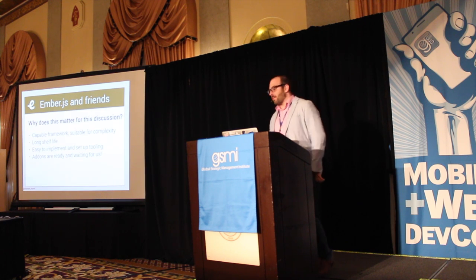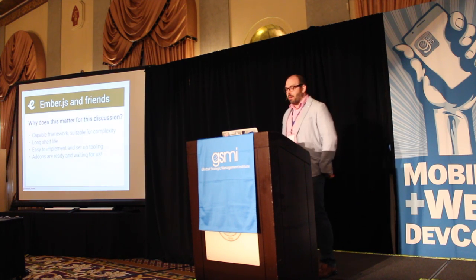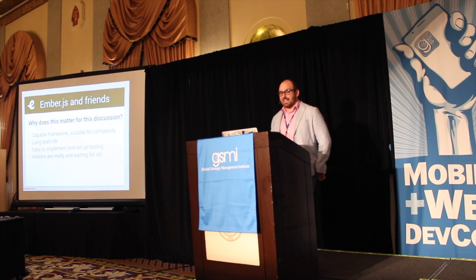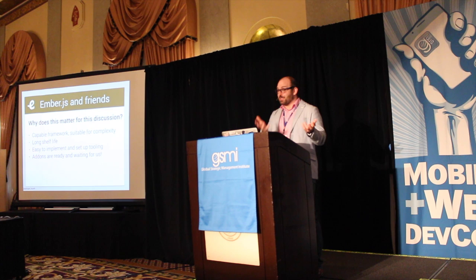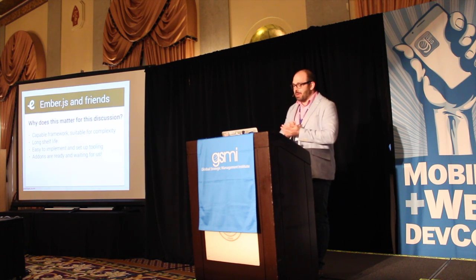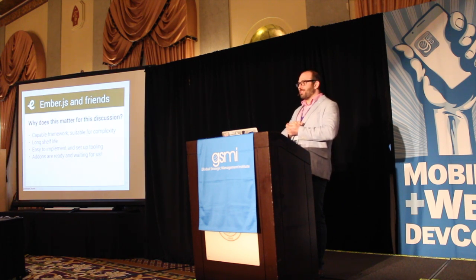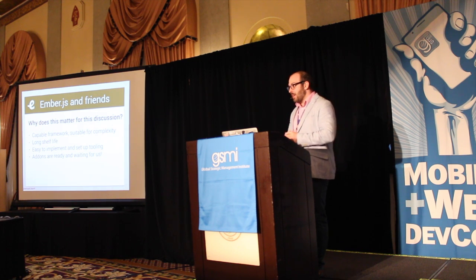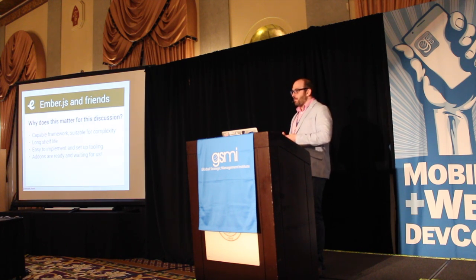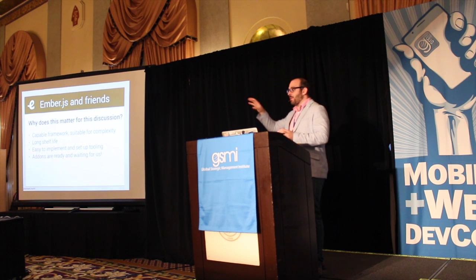So why does this matter for what we're talking about? Well, if we're setting out to build an app that's a mobile app, a desktop app, and a web application, we need to be able to handle potentially complex situations. You may end up down the road forking, right? You may have something that only works on desktop or on mobile.